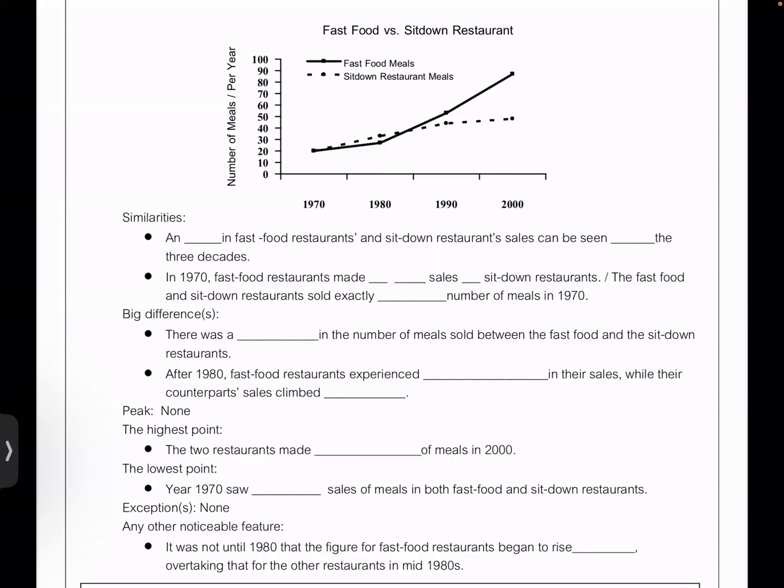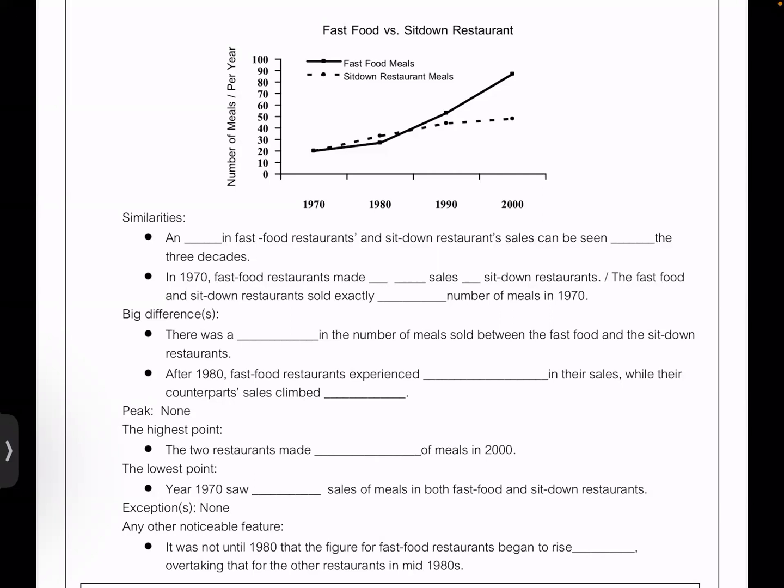What about any other noticeable features? Okay. So basically, it's anything that you think we should include in your report. Like, if you look at what happened after 1980. So the first 10 years, sit-down restaurants were taking the lead, right? They've been constantly making greater sales than its rival, the fast food.